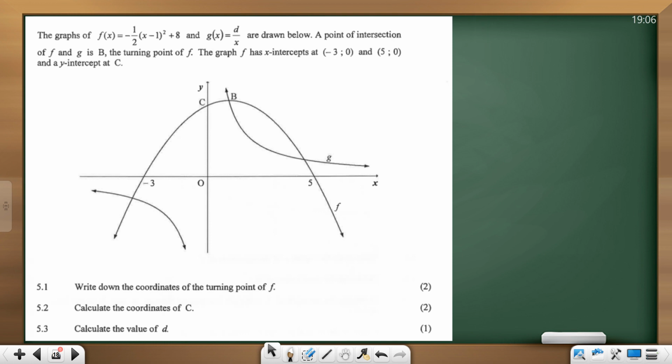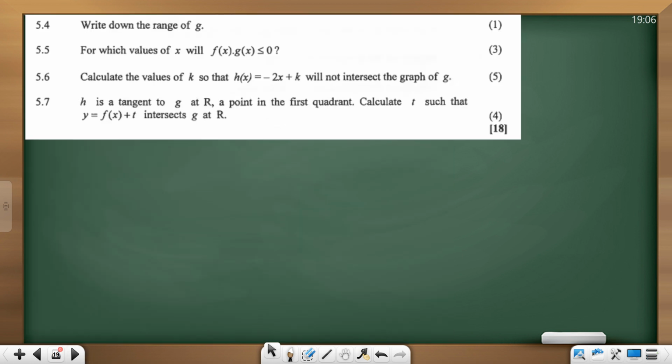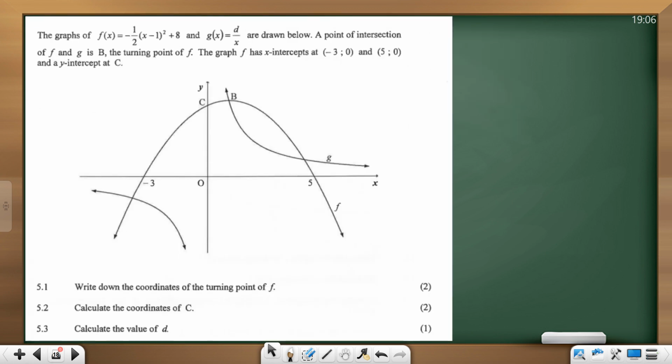Okay, guys, let's now continue. The range of g, it's what? A hyperbola. Is that okay? It's a hyperbola. The range of the hyperbola is always y is an element of real numbers, y should not be equal to the asymptote.